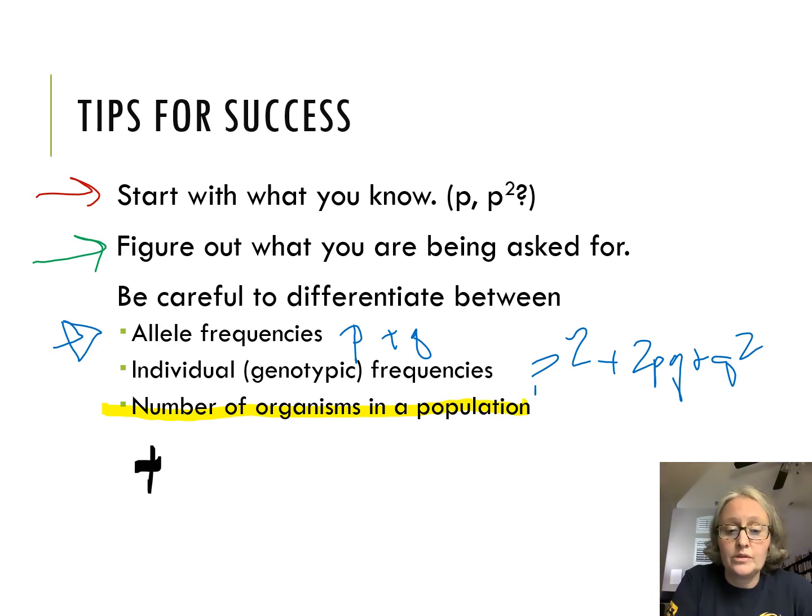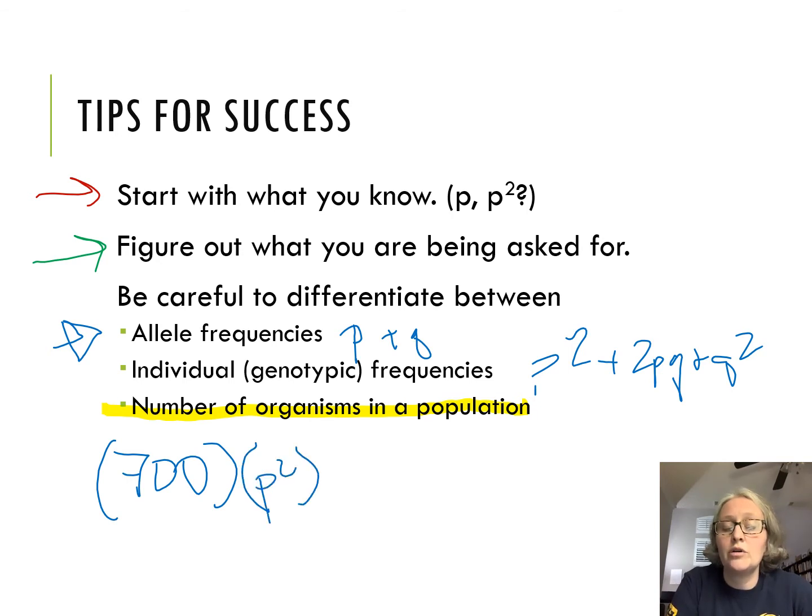There are 700 individuals in the population, and you're trying to figure out the number that is homozygous dominant, so the p squared value. You're going to have to multiply those two numbers together to figure out the number of individuals in the population that have that particular trait that you're looking for. We're going to go through two examples to try to practice this right now.